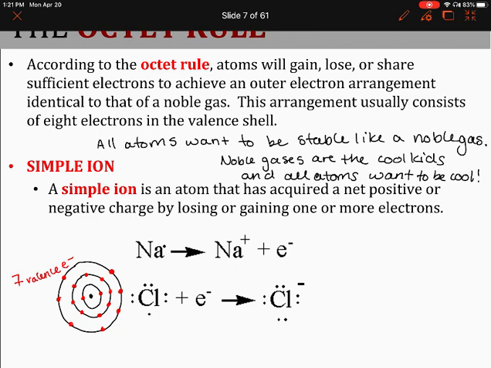So instead of losing an electron, any of the nonmetals would prefer to gain electrons. So remember, I had briefly mentioned that metals lose electrons and nonmetals gain electrons.